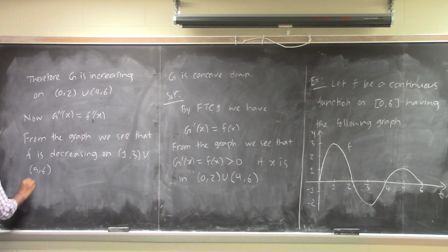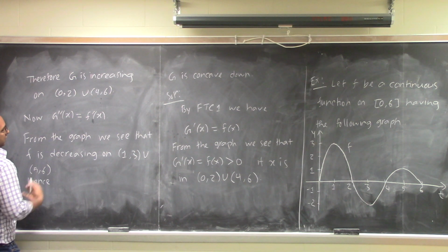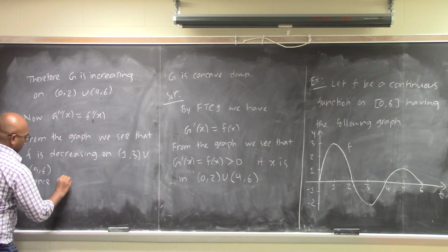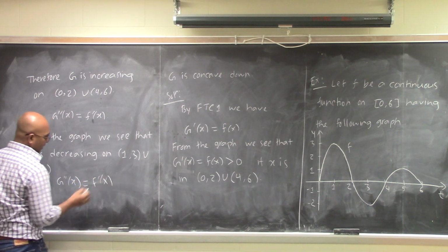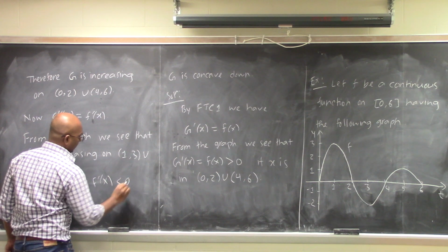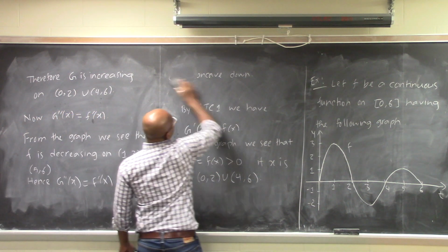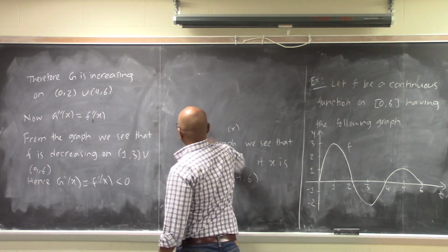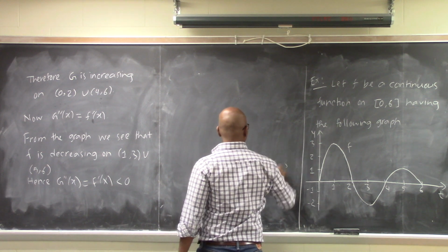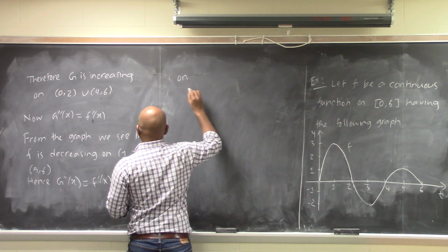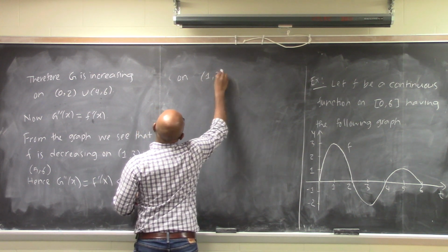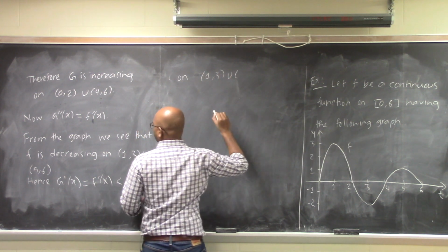Okay, hence G double prime, the second derivative of G, which is the first derivative of f, is negative on this interval 1 to 3 union 5 to 6.